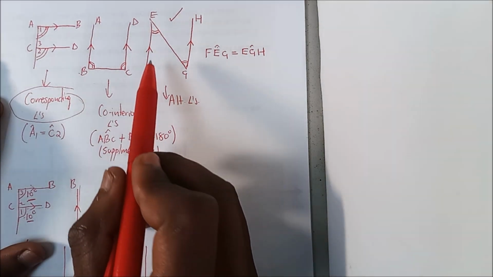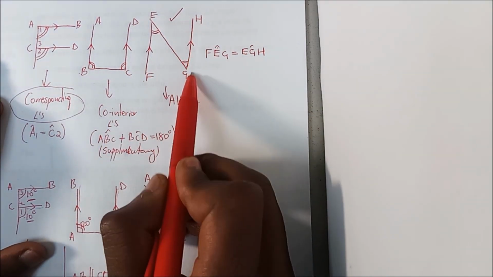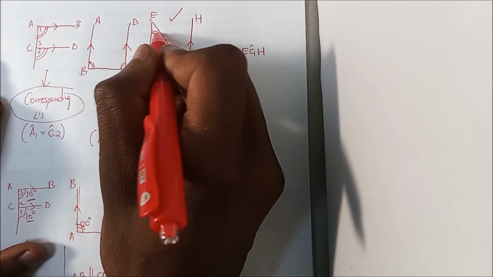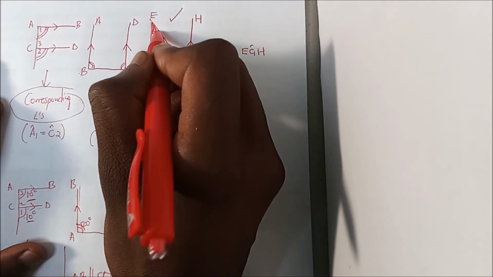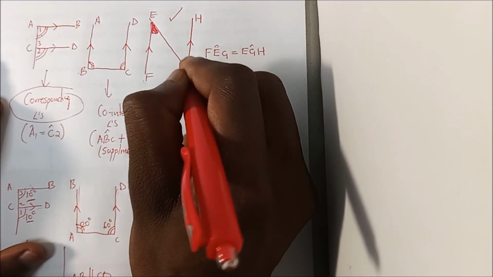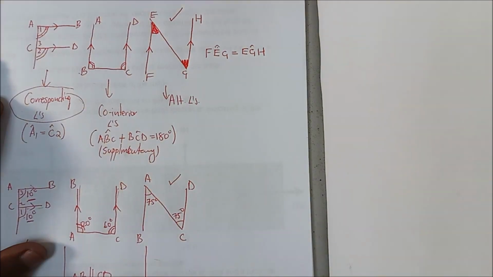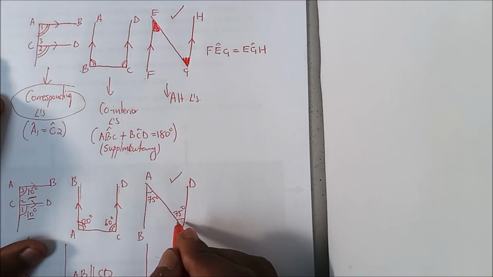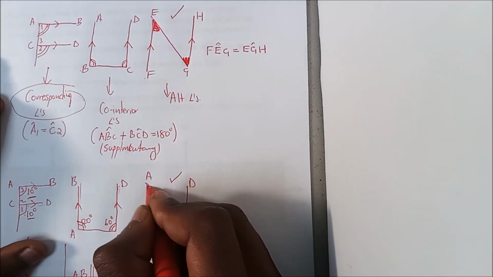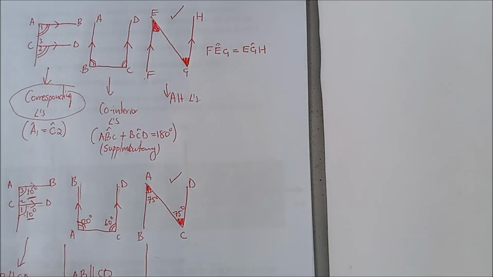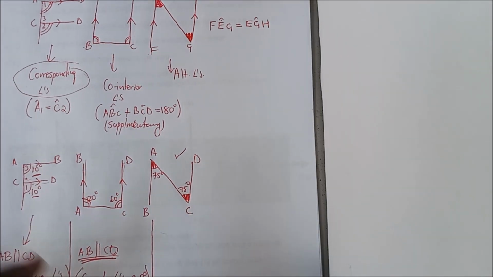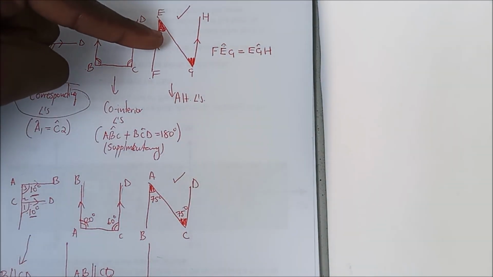So now, if these two lines are parallel, then the alternate angles, which are those angles, they are equal. So now let's look at this one. They're telling us that's 75 and that's 75. So what do you notice? We are familiar with this thing. From where? From what we learned about parallel lines.